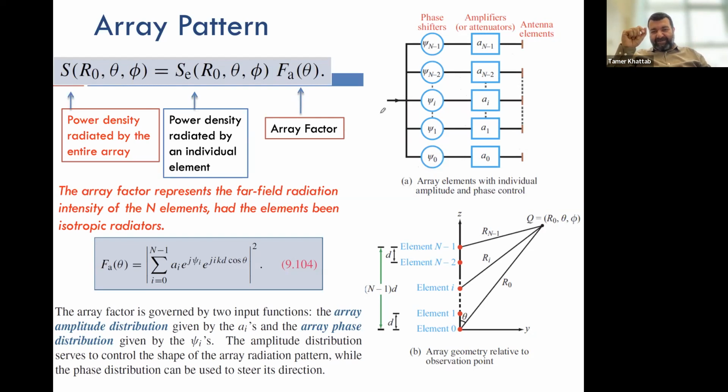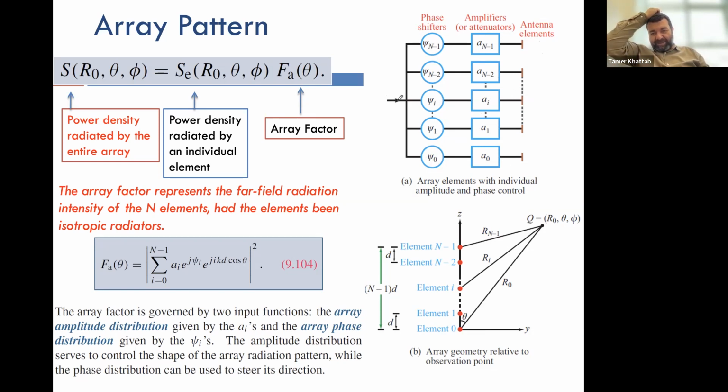Now, if I have different information branches, each one of them going through a different antenna, then in this case, we call that a MIMO, multi-input, multi-output system. What we are looking at here is the same signal going through all the antenna elements, but with some variation in their amplitudes and some phase shift introduced to each one going to each element.